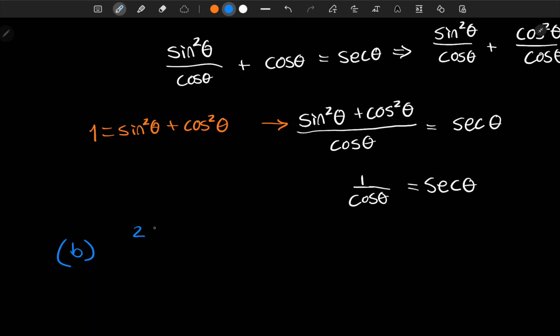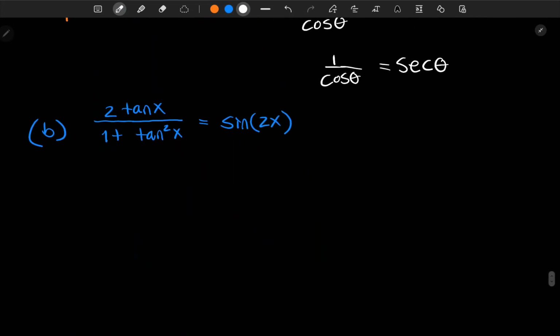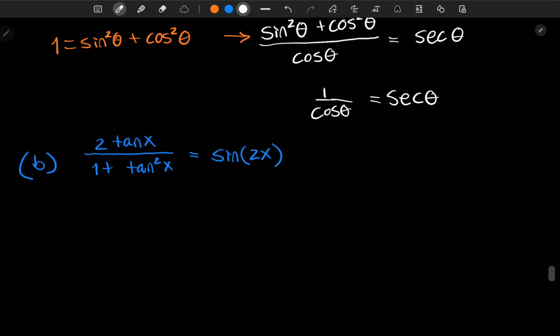So suppose we wish to prove that 2 times the tangent of x divided by 1 plus tangent squared of x is equal to sine of 2x. Well, one well-known identity is that this denominator can be rewritten as secant squared of x.